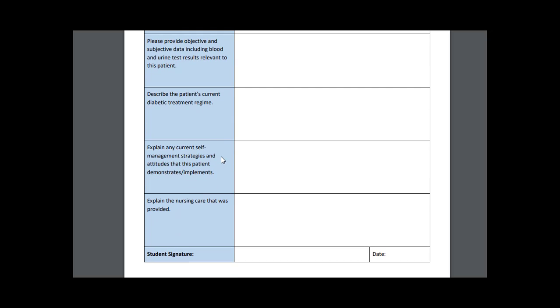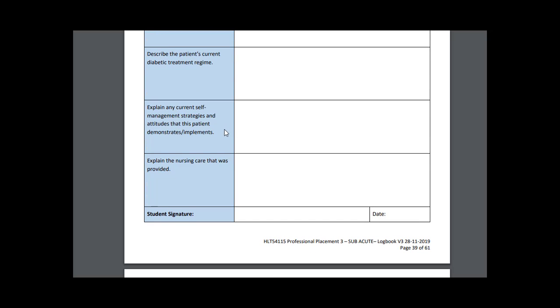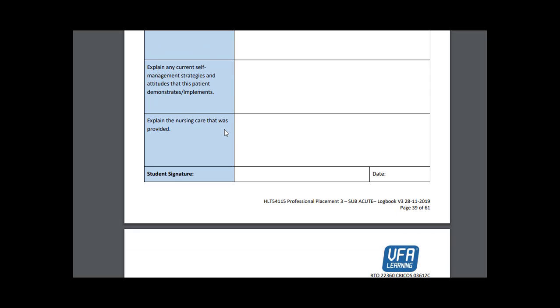You might be able to provide urinalysis that demonstrates that they're positive for ketones, or that they have arrived with high blood glucose levels noted on their blood gases or on their pathology that was taken in emergency, that kind of thing, as well as if they are an existing diabetic, their normal regime, or if it's new, the new regime for that person, and strategies that will help that person meet their management requirements.